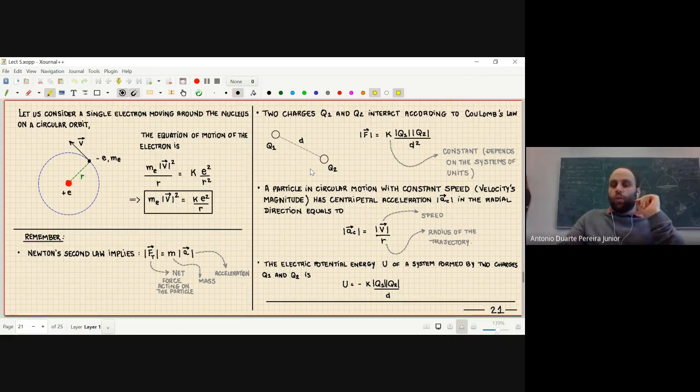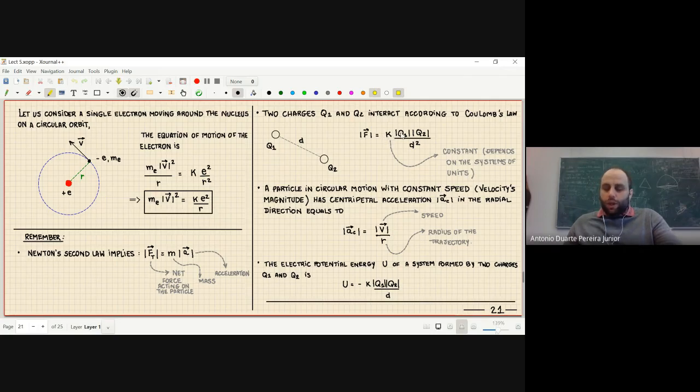And do we know how to compute this force? Yes. So these particles, if they are at rest or if they are moving very slowly, will exert a force on each other, which is given by the Coulomb law. And the Coulomb law says that the magnitude of the force that Q1 exerts on Q2, or the other way around, will be a constant, K. This is a constant that depends on the system of units that you're using, but this is a constant that you measure in a lab, okay?